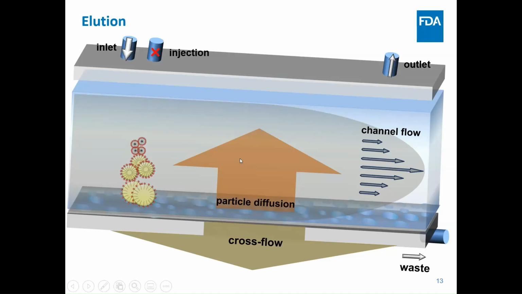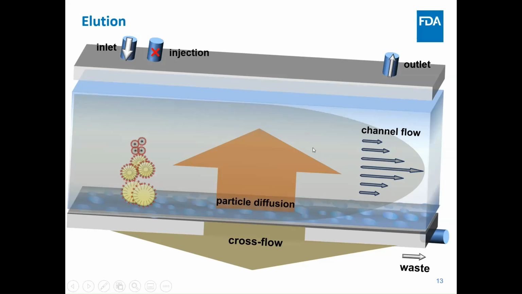You have a flow that continually exits from the bottom of the channel, which pushes the sample down to the bottom, just like what the sample experienced during the focus step. Also, part of the flow is flushing everything out to the outlet. This is called the channel flow, and the channel flow has a parabolic profile where the center of the flow is faster, and the flow closer to the top and bottom of the channel is slower.